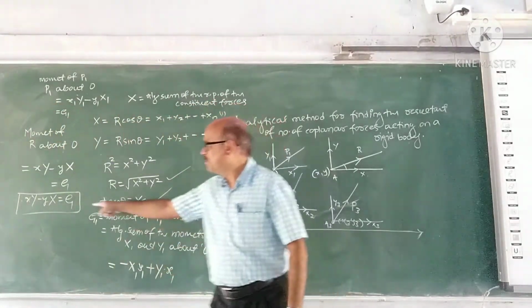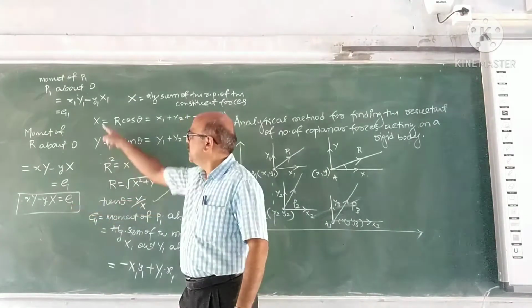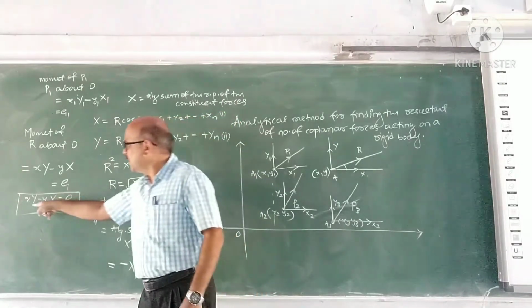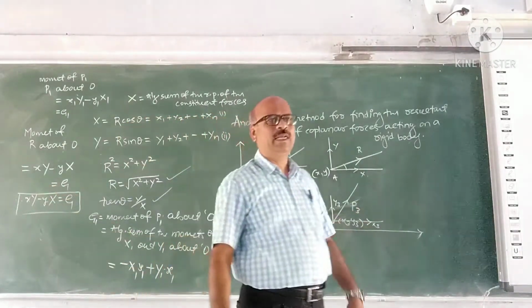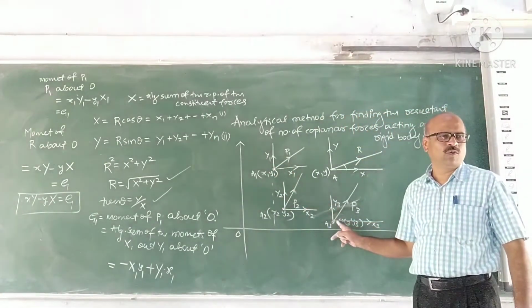What is this G? This G is G1 plus G2 plus etc., because the moment of the resultant is the algebraic sum of the moments of the component forces.